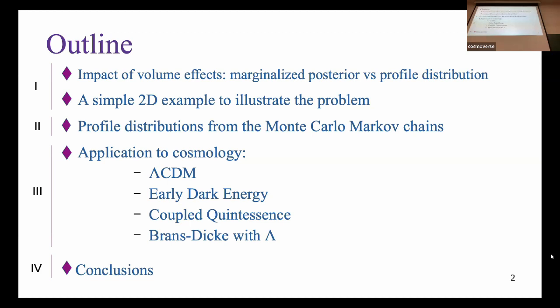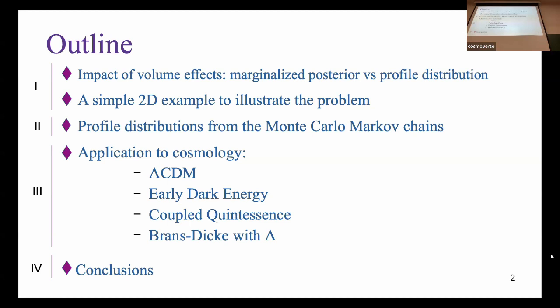I will explain that when we have non-Gaussian features in the original posterior distribution, we can obtain biased results. Okay, so this is important to bear in mind. And I will illustrate this with a very simple two-dimensional example, I mean, with an example in a parameter space composed only by two parameters.